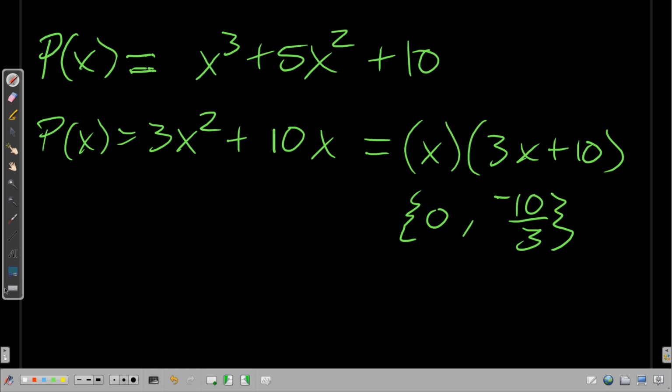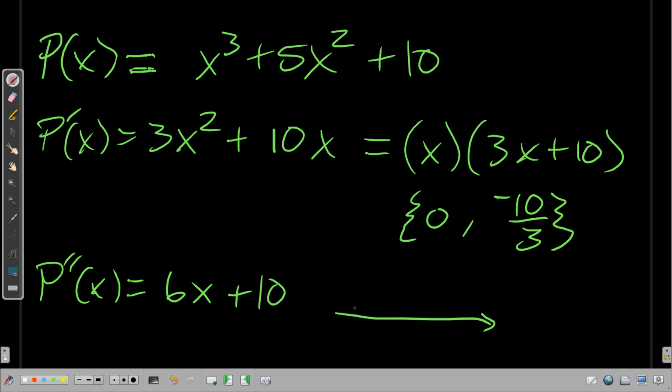All right. And this was P prime. Now P double prime would be 6x plus 10. And so the value I'm interested in would be a negative 10/6.